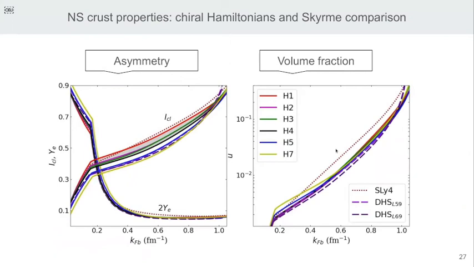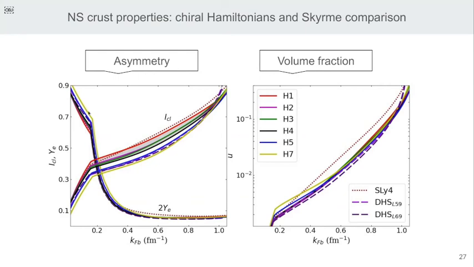We can go for more properties of this crust of the neutron star. So, for example, the asymmetry. I_cluster is the asymmetry of the cluster, the difference between neutrons and protons in the cluster, and Y_e is the electron fraction, the global electron fraction in each Wigner-Seitz cell.